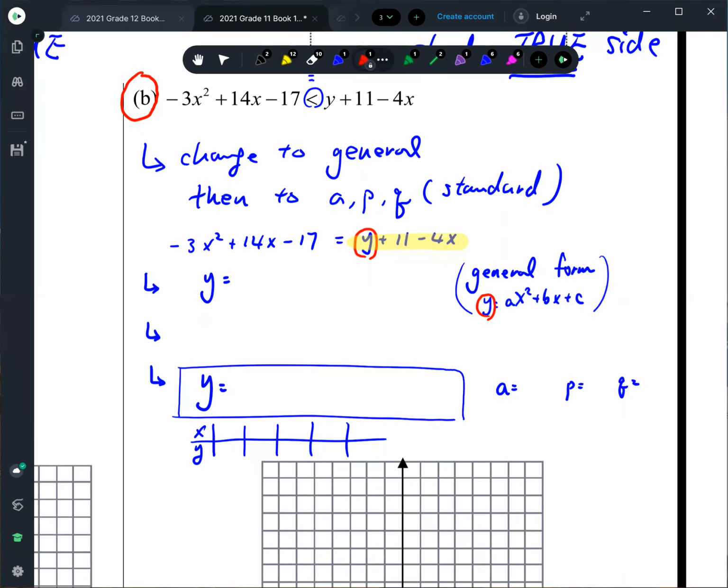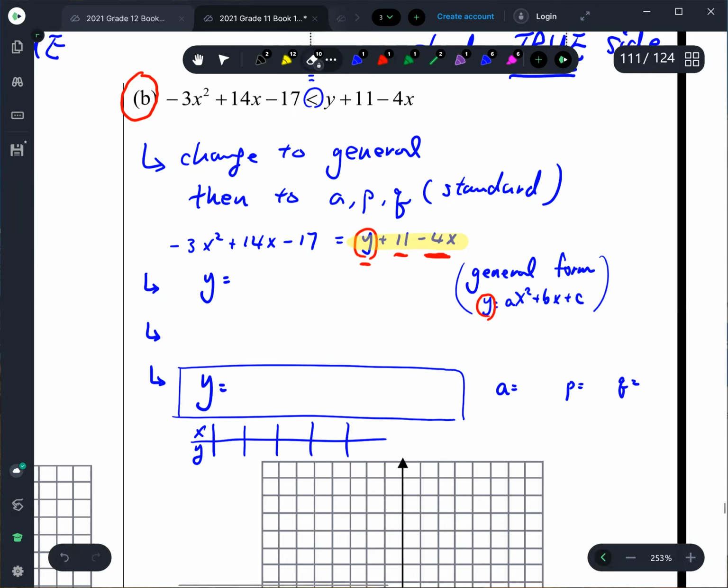Do you understand my question? No. On the right side, you have y, you have 11, you have negative 4x. Which one has to be moved? You want to keep the y on the right side, so which one shouldn't be on the right side? Do you get what I mean?